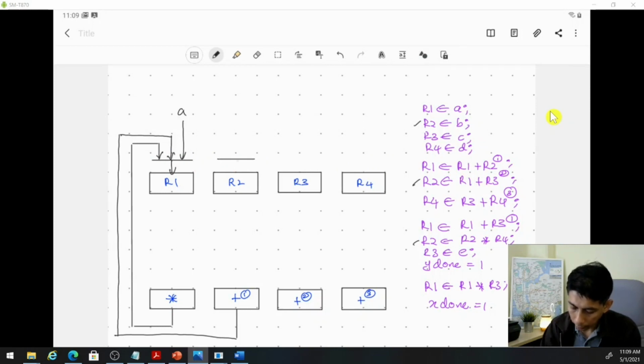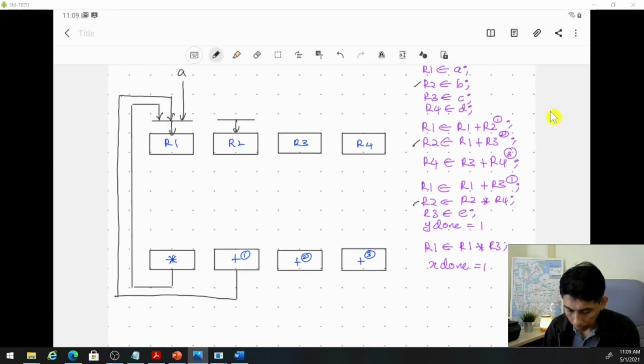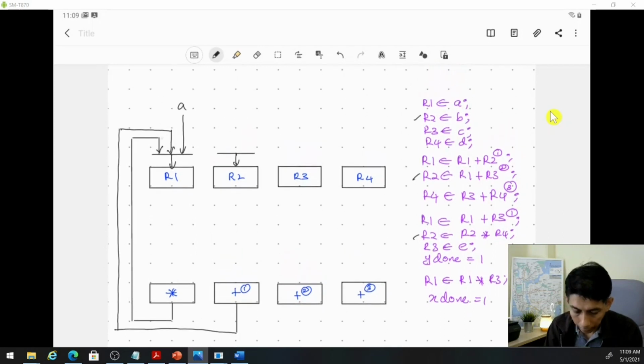So we have this. So again, one is from multiplier, so we can actually get from here. This is from multiplier, so just have the connection like this, right? So means that this from this multiplier can go to R2 as well.